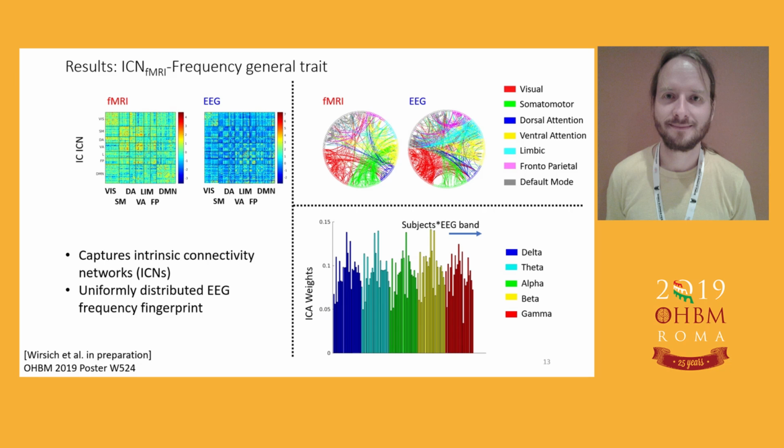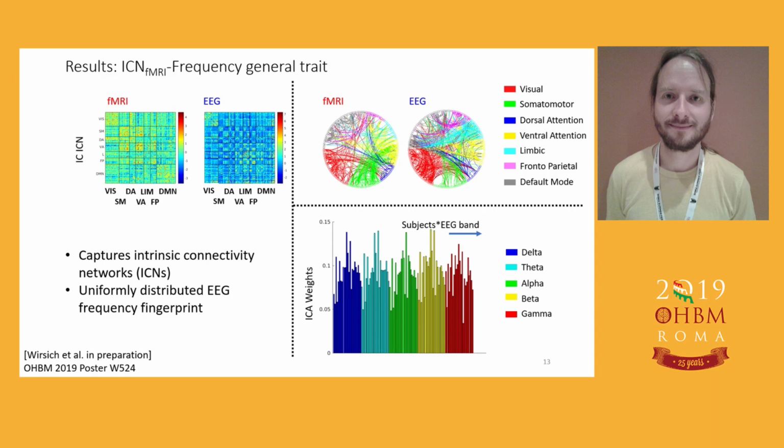we can derive the common part with this approach, where we find that when we order this into different intrinsic connectivity networks, we really find this resting state organization with the visual network, with the default mode network for both EEG and fMRI.